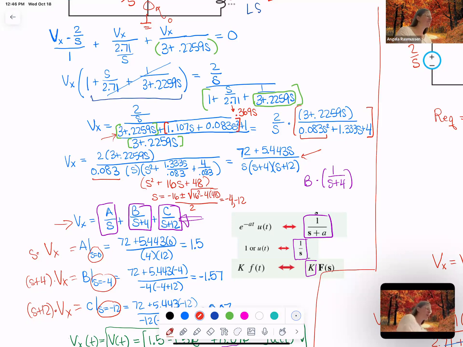There we go. So it's those two terms. So that's 0.369 S times 3. And then the other one is 0.2259 S times 0.369 times S. So that gives you the S squared, and then plus 1.